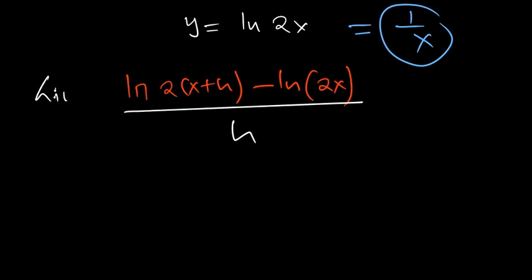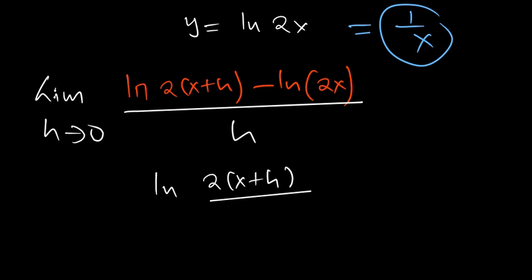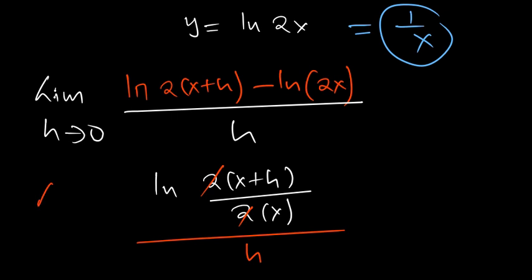This is the limit as h approaches 0. So if you group them, the natural log of 2 times x plus h divided by 2x. So this is where you see that this and that will just actually cancel out. And at this point, we've gone back to the very first question that we were answering. Okay? So that's why the answer should be the same. I hope that makes sense.